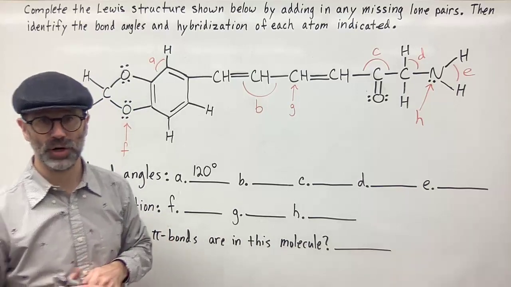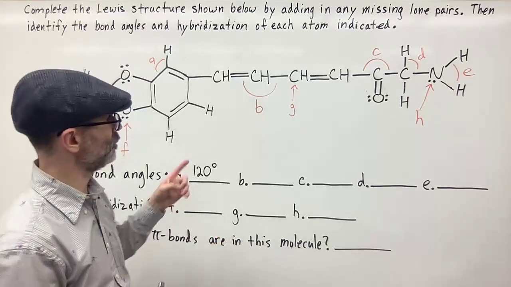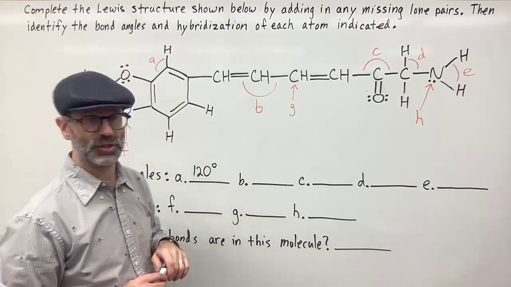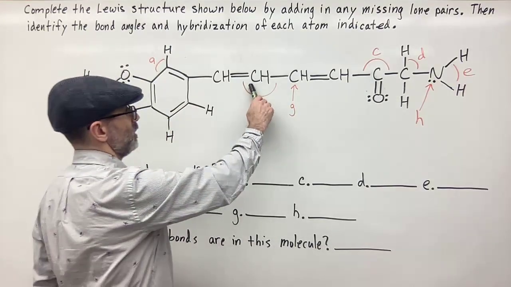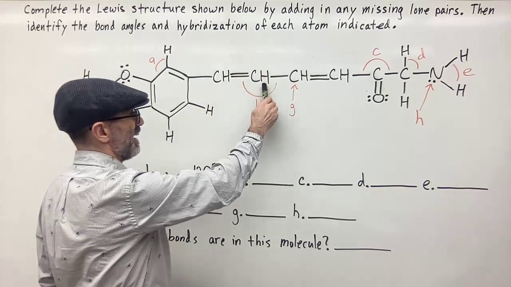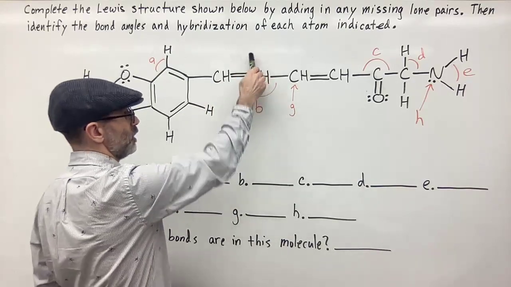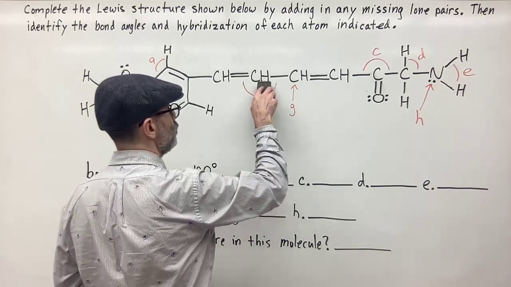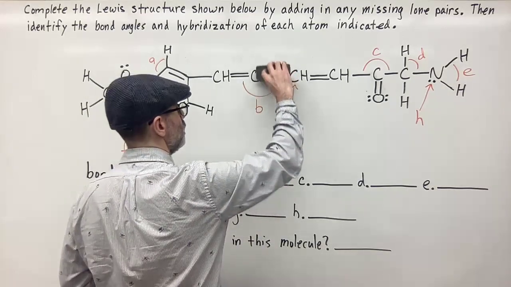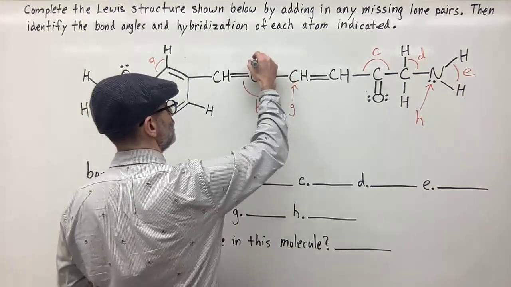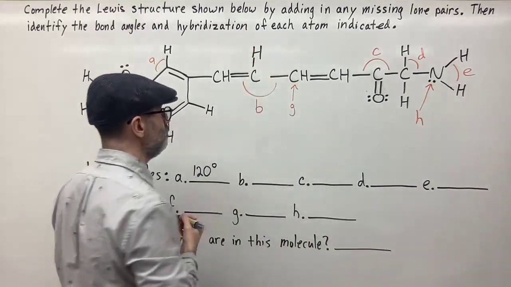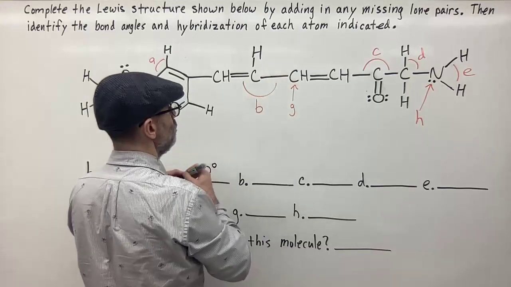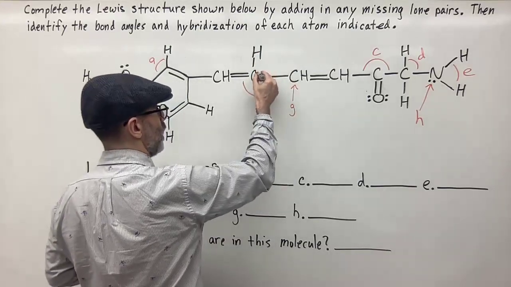That's not the way it works. So again, we have to pay attention to how many electron groups we have around our central atom. So this carbon is my central atom. This hydrogen is bonded to the carbon, right? So again, I could redraw this like this. So then this hydrogen is bonded to the carbon.